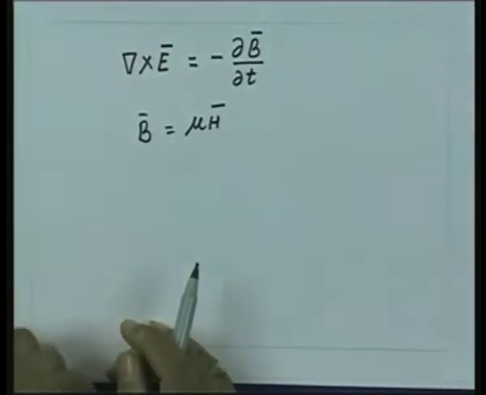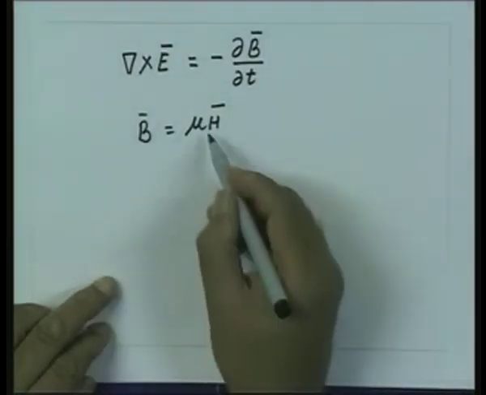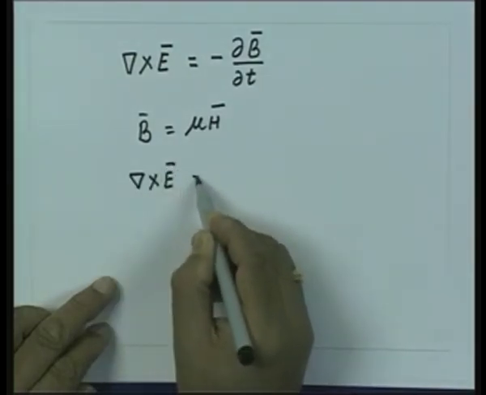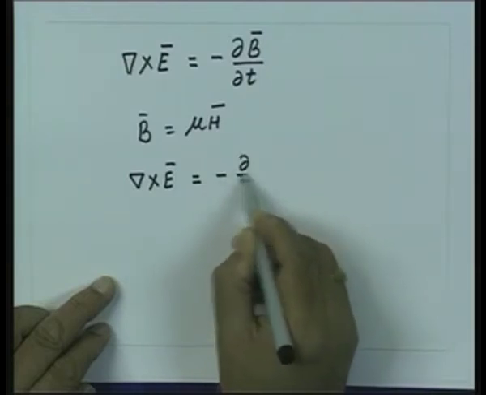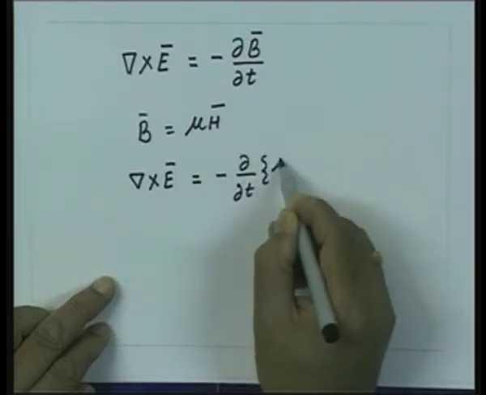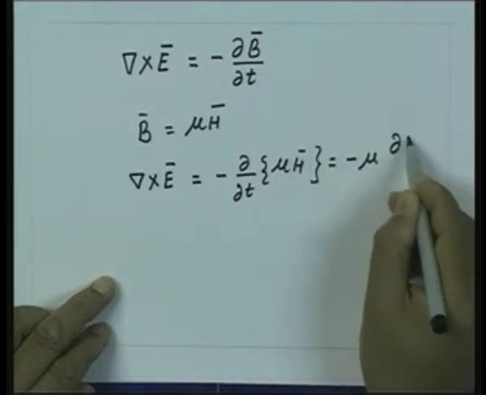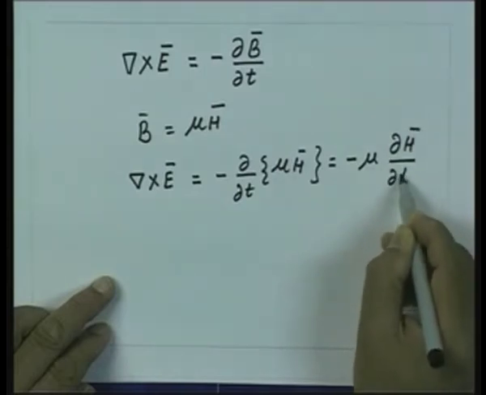Again, if we consider a medium which is not varying as a function of time, that means the medium properties which are captured by the permeability of the medium are not a function of time, I can write B as mu into H, and if mu is not varying as a function of time, I can write here del cross E is equal to minus d by dt of mu into H, which is minus mu dH by dt.